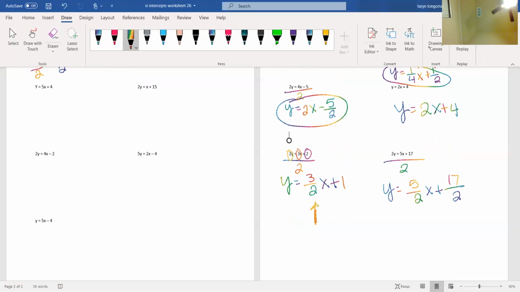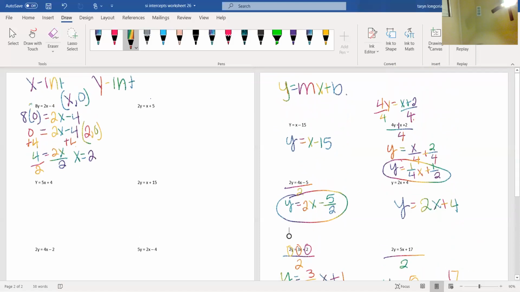Now, if it wanted you to graph it, personally I would change it to a decimal. So that'd be y equals 5 over 2x plus 8.5. Because if you're going to graph something, do you automatically know where 17 over 2 is, or do you know where 8.5 is?